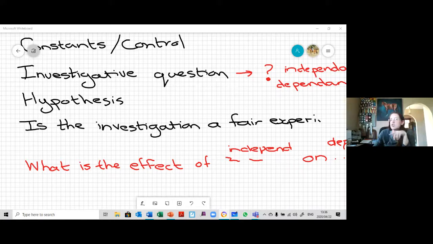Okay, guys, that is a super, super important concept that I want you to keep in mind. It is unlikely that they are going to ask you a hypothesis, because remember, a hypothesis is simply an educated guess. It's a hunch. What do I think is going to happen?